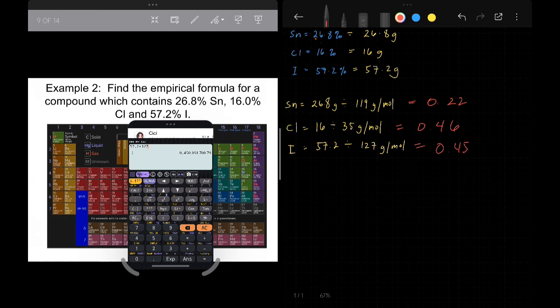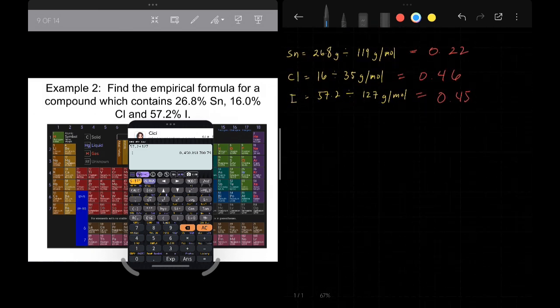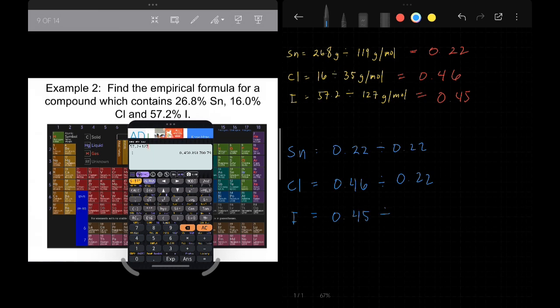So we got 0.22, right? So we write here again, for tin, 0.22 divided by 0.22. For chlorine, we write 0.46 divided by 0.22. And then for iodine, we write 0.45 divided by 0.22.